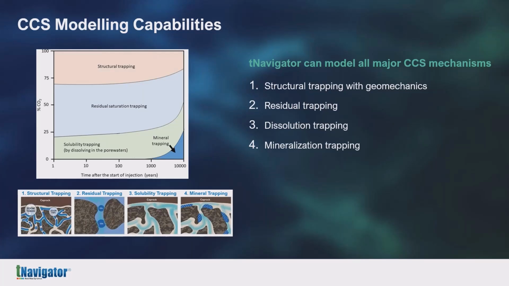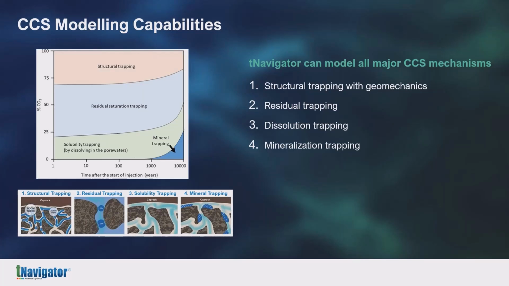So as a short summary here, I would like to highlight that tNavigator can model all major CCS mechanisms. But this is not the only point here. We also offer the full suite of modeling capabilities in an integrated way. So everything from static modeling, dynamic simulation, geomechanics, well modeling, PVT modeling, surface network modeling.